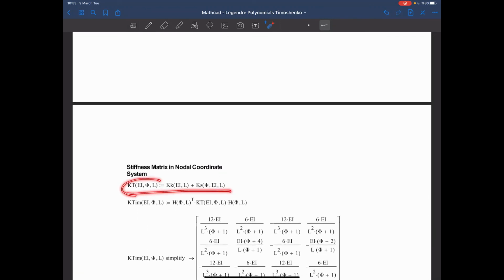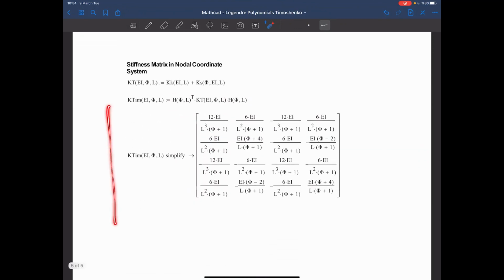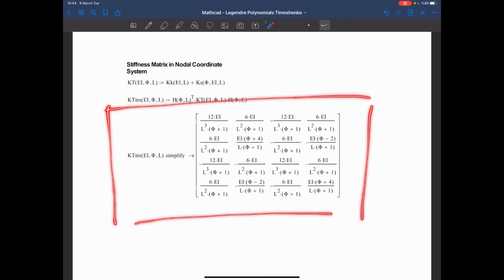That's the stiffness matrix in the general coordinate system. So in order to transform this into the nodal deformation, I pre-multiplied it with H transpose, post-multiplied with H, and I obtain again our stiffness matrix with shear deformation. And if you think about it, this is exactly the same matrix that we derive by using the stiffness method.